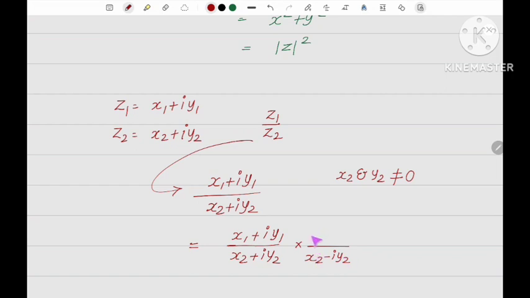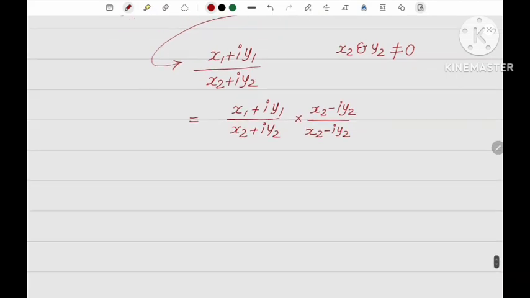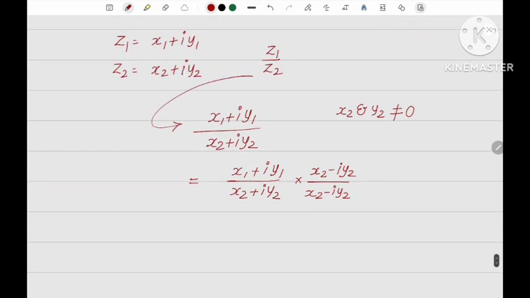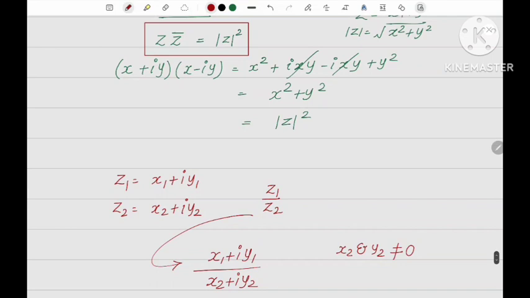Since you have multiplied here, you have to multiply the numerator also. Now the denominator will become mod z square. What is mod z square? x2 square plus y2 square, that we have seen here.